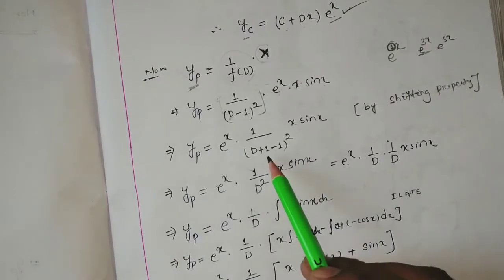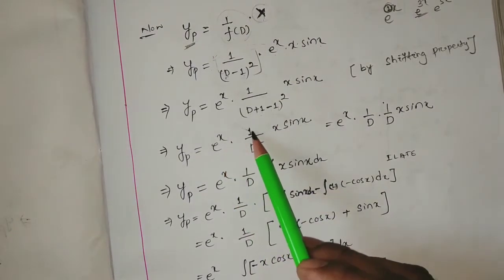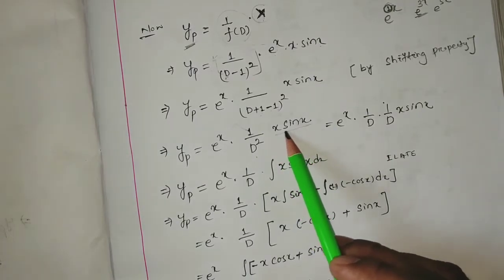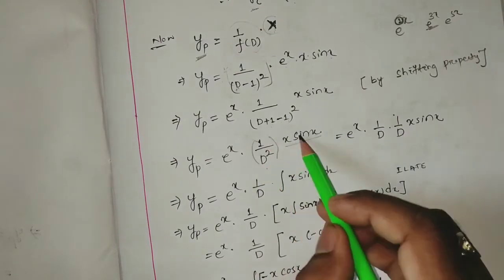Here 1 plus 1 minus 1 cancels, and we found eˣ into 1 by D² operated on x sin x.